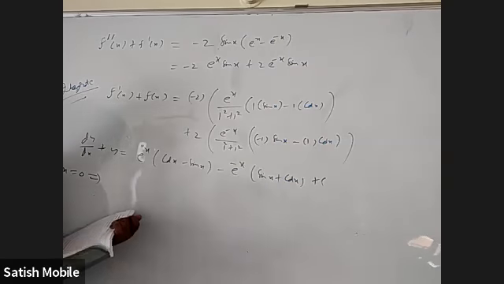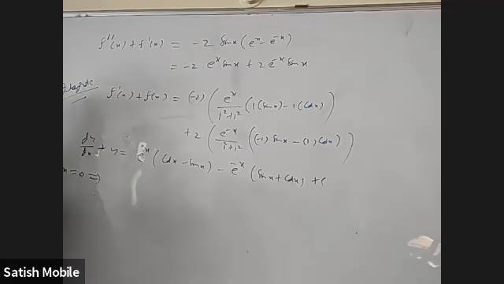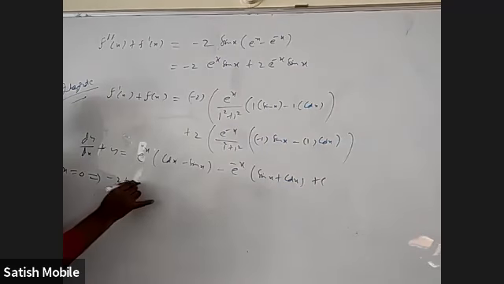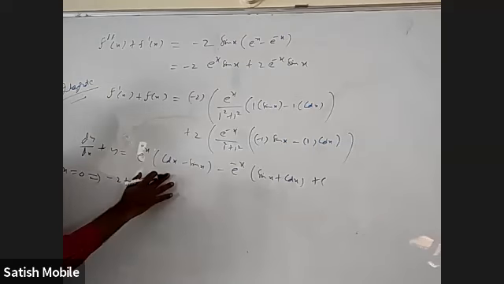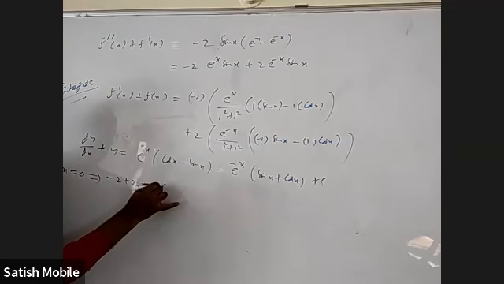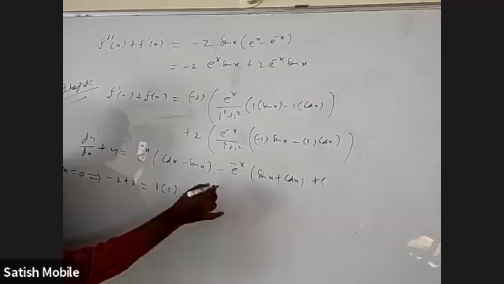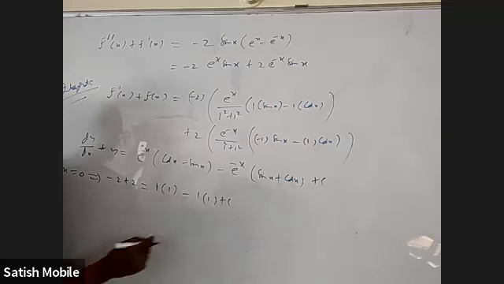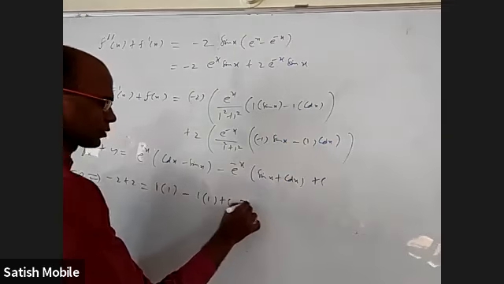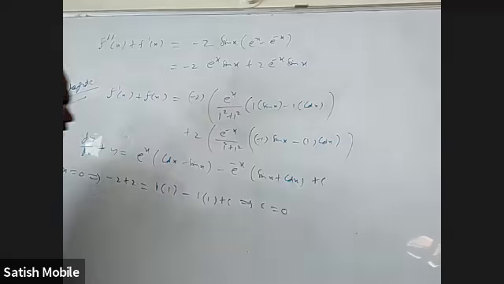F of 0 is 2, sir. F of 0 is 2, and f dash 0 is minus 2. So this is minus 2, this is plus 2. Here when I put x equal to 0, it is 1 into 1, this is 1 into 1, plus c. This is 0, this is 0, so c is 0. So this is not required. So that will be the answer, you can see.